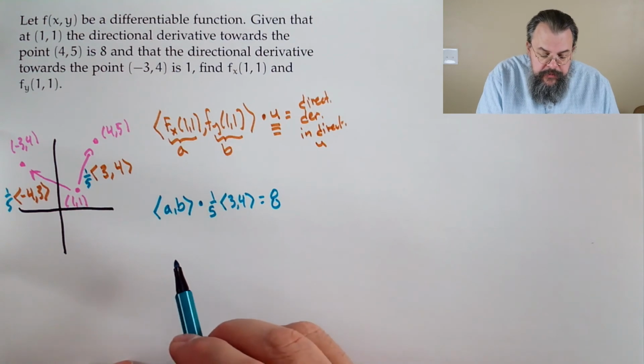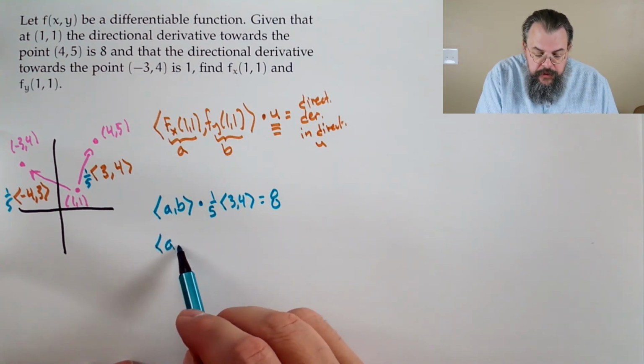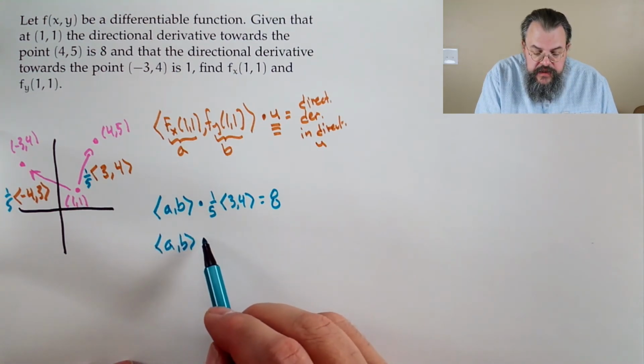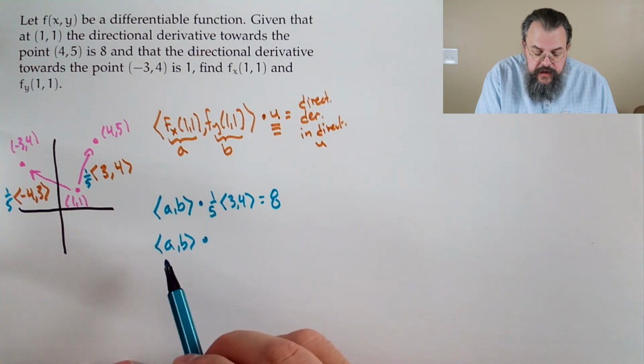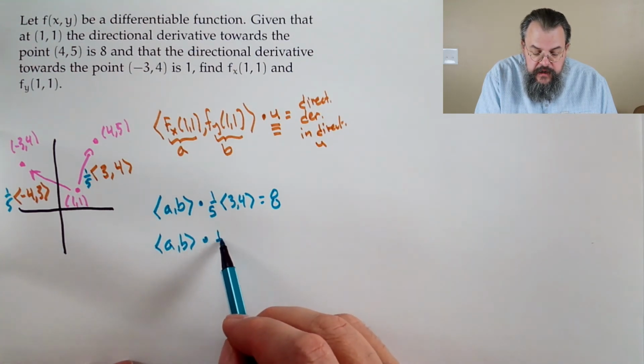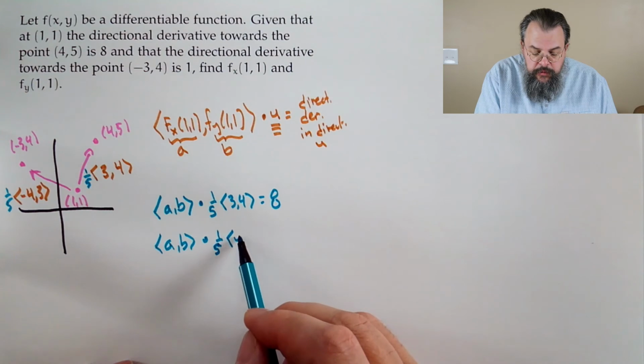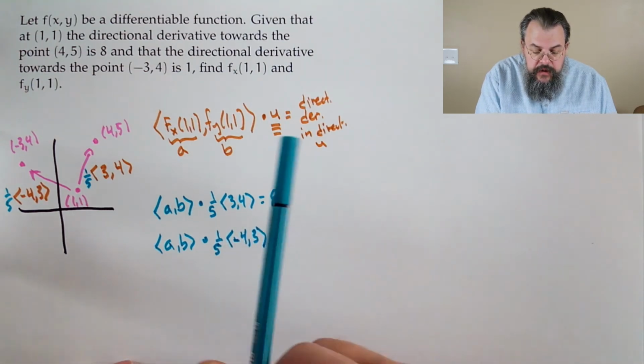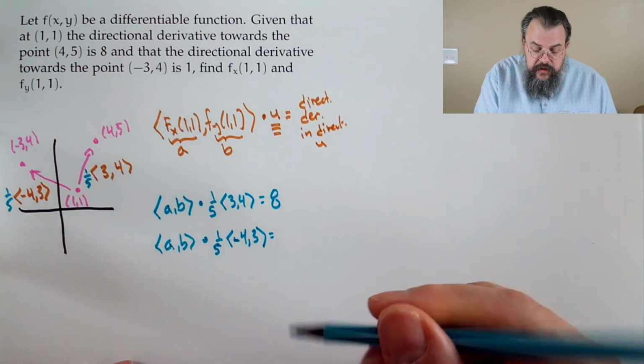In a similar way, the directional derivative towards the point minus 3, 4, so that's taking our gradient dot 1/5 times minus 4, 3, is equal to 1.